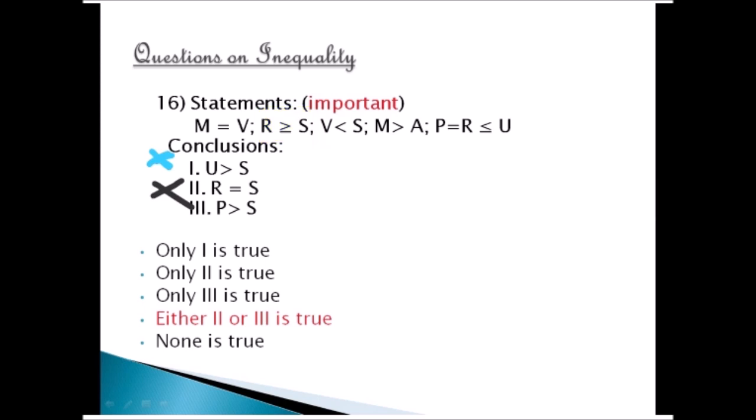Conclusion number third says from B to S. So yes, I can move from B to R, then R to S. So now also I can travel from B to R and R to S, but here also there is an issue with the symbol. The symbol is not validating as minimum.